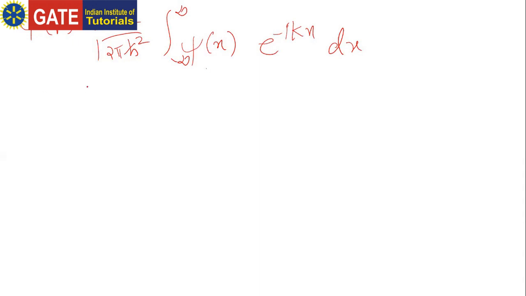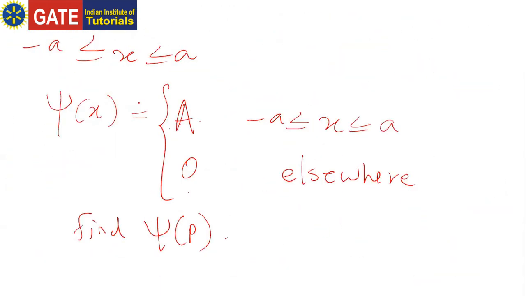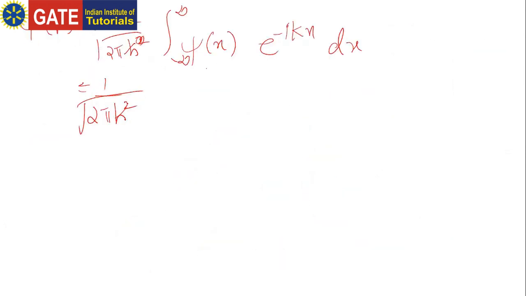Substitute the psi of x value here. There is no h cross square, it is 1 by 2 pi h cross.